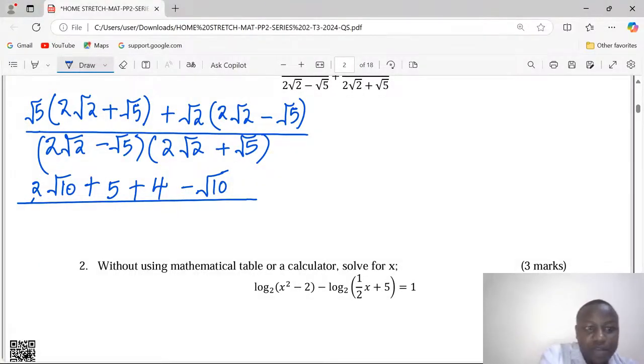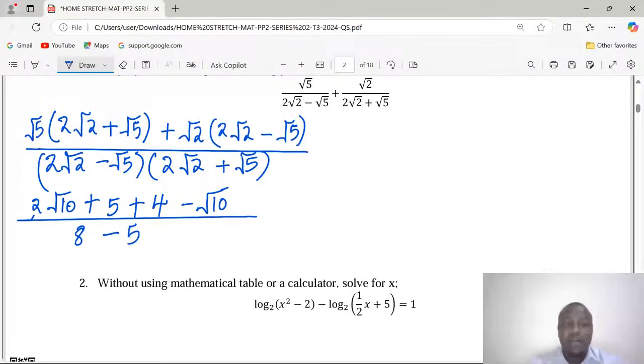So it's going to be 2 root 2 squared. That becomes 4 multiplied by 2, which is 8. Then minus the root of 5 squared, that becomes 5.